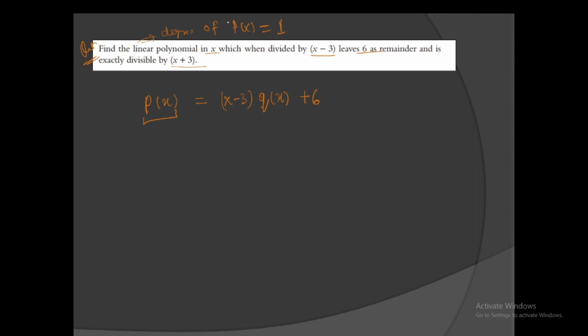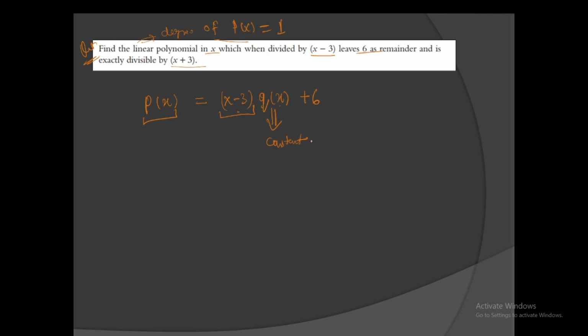Since p of x is a linear polynomial and x minus 3 is also linear, q of x will be a constant term. If it were a linear term, then linear into linear would give a quadratic, meaning degree 2, but we need p of x to have degree 1.